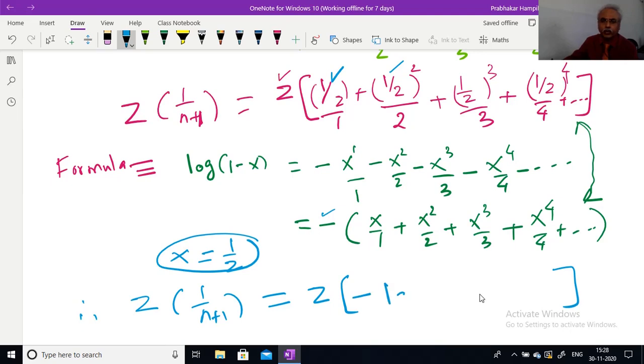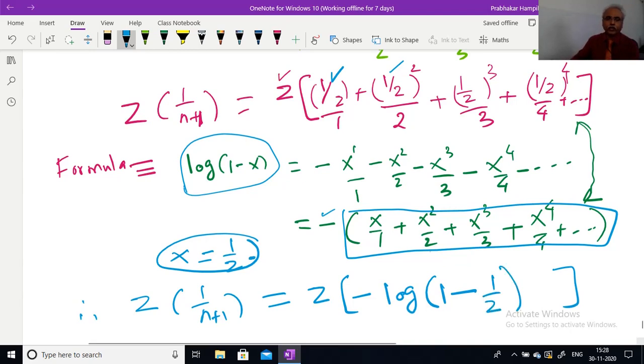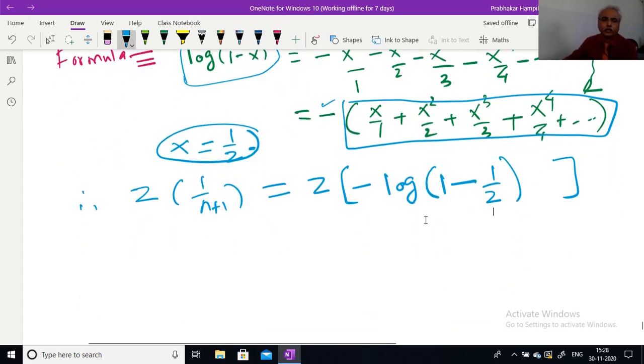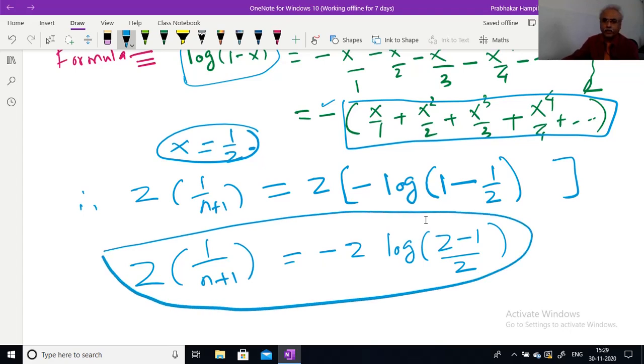The value of this bracket is minus log of 1 minus x, minus log of 1 minus, instead of x I have to write 1 by z. So now everything is converted in terms of z. Right hand side is z, left hand side is n plus 1, so that is n function. After transformation, this minus sign I can drag out, minus z, and inside I can simplify. So the Z transform of this n function, therefore, we found as this answer.